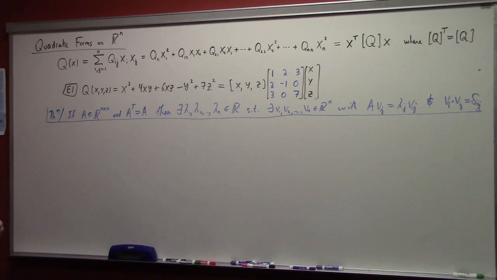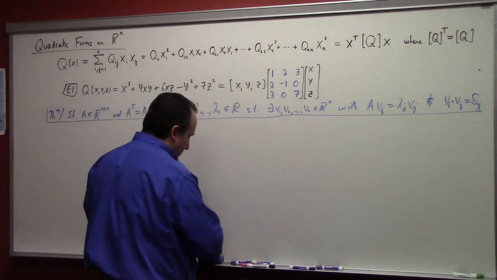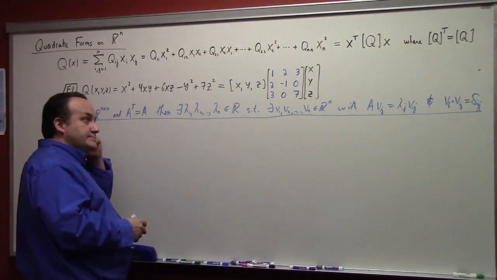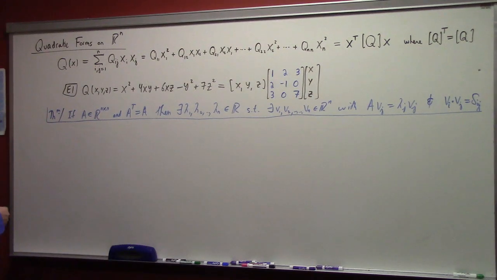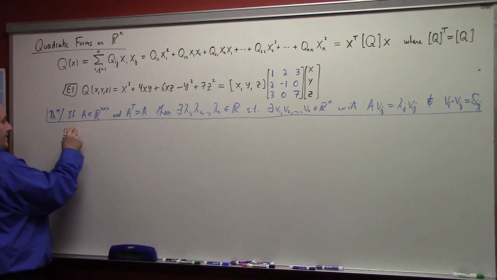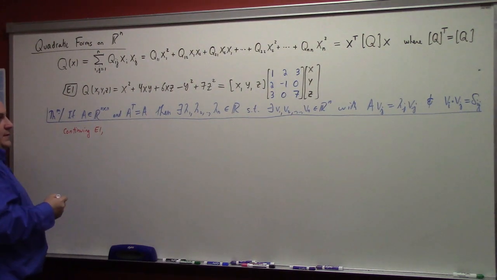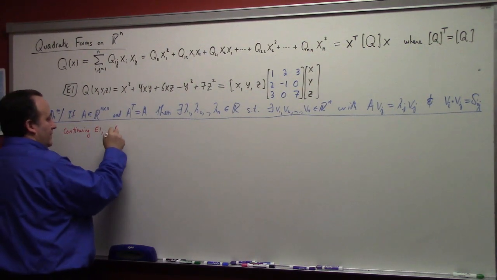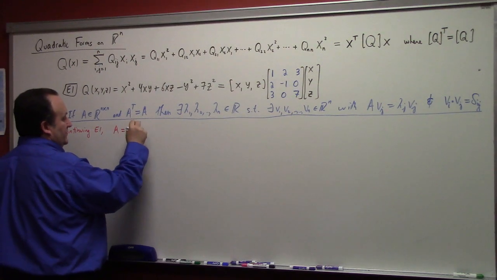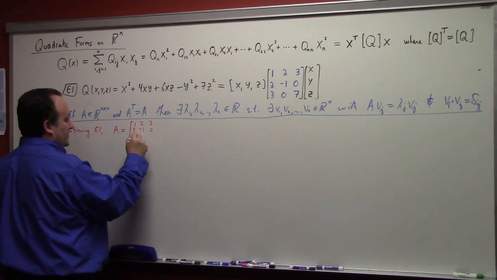So, what does that mean? Let's apply that to my example 1. Continuing example 1, if I think about A equals 1, 2, 3; 2, minus 1, 0; 3, 0, 7, right?